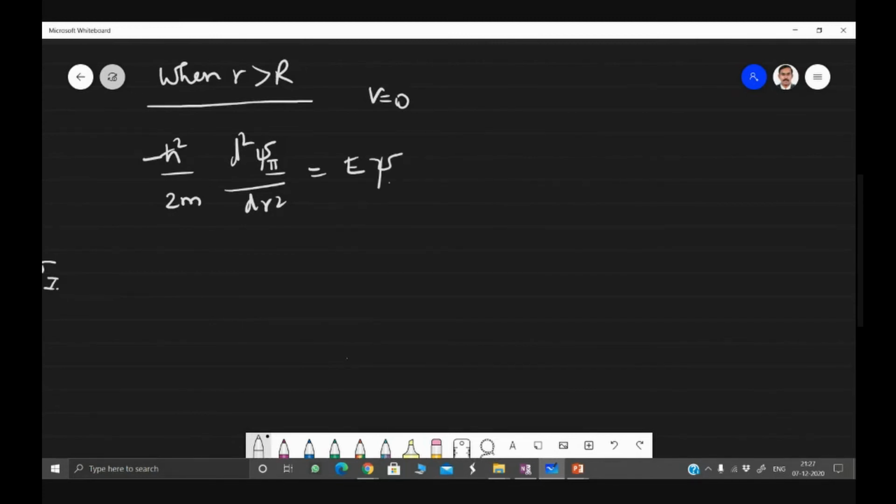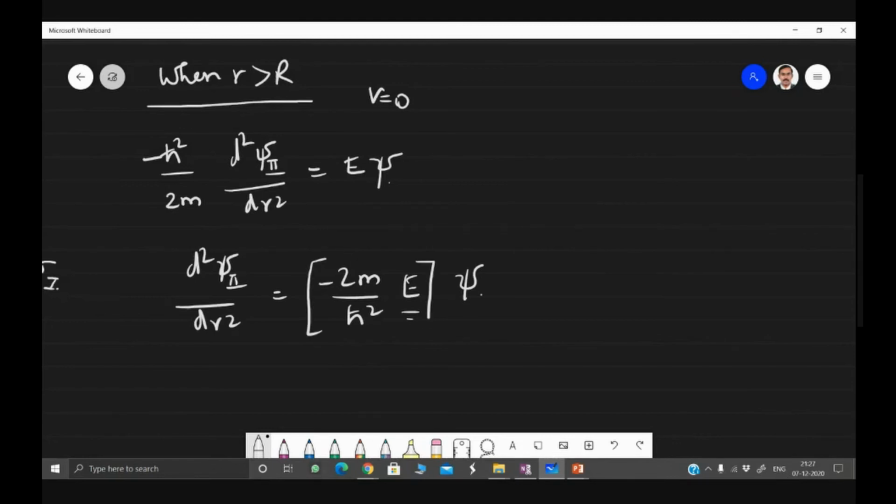If I rewrite, we have d square psi 2 by dr square is equal to minus 2m by h cross square E into psi. And since E is negative, let me consider this bracketed part. Since E is negative, this bracketed term will always be positive. So let me write this as L square.